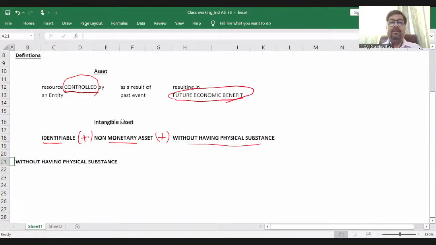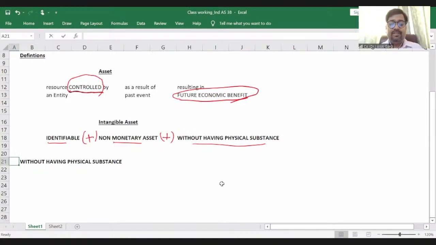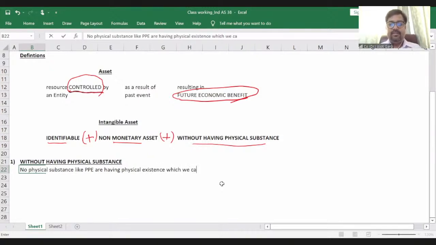No physical substance is there for the intangible asset, unlike PPE, which have physical existence, which we can see, touch, and hold.